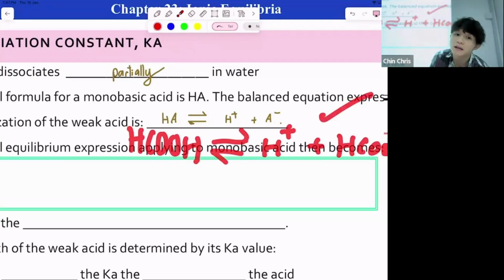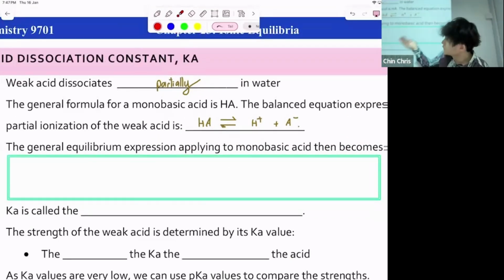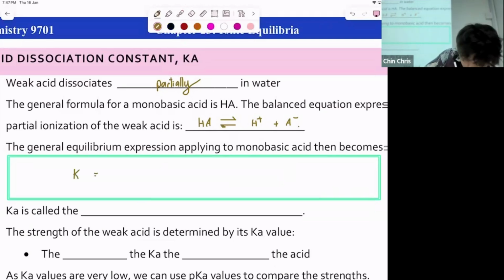Okay, the same thing. All right, guys, now I want you to write down your equilibrium constant. Go. Again, apply your AS knowledge.